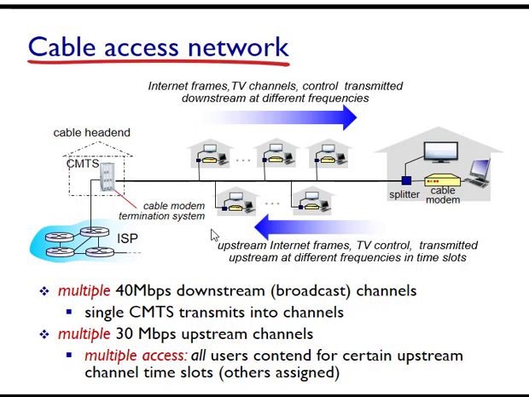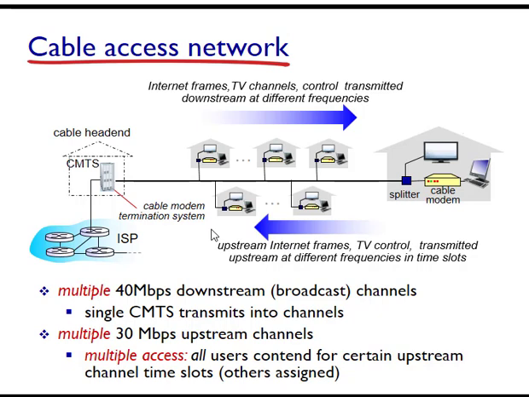Each upstream and downstream channel is a broadcast channel. Frames transmitted on the downstream channel by the cable modem termination system are received by all cable modems receiving that channel. Since there's just a single cable modem termination system transmitting into the downstream channel, there is no multiple access problem.